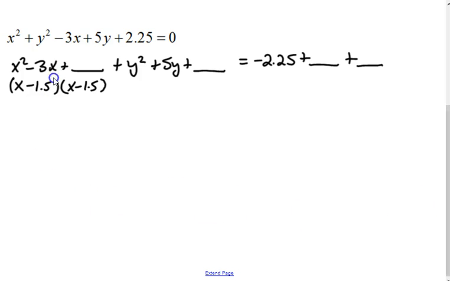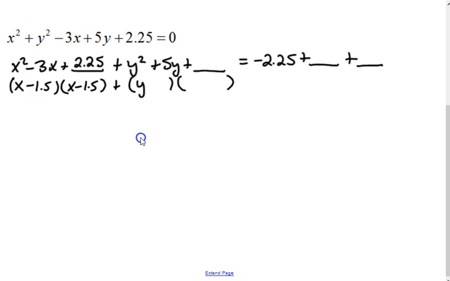Because negative 1.5 times x plus another negative 1.5 times x is negative 3x. Negative 1.5 times negative 1.5 is positive 2.25. You could also do 3 halves and 9 fourths. So you could do it that way too. Actually, that's easier to do in your head.